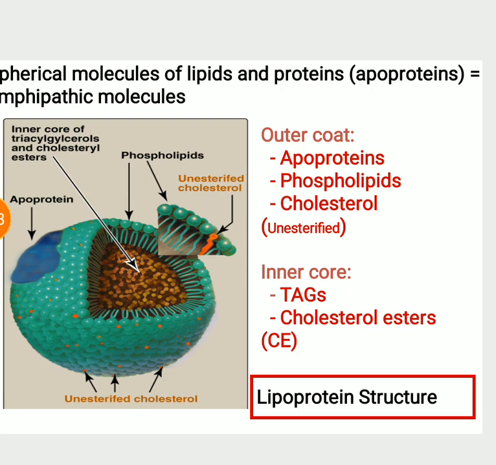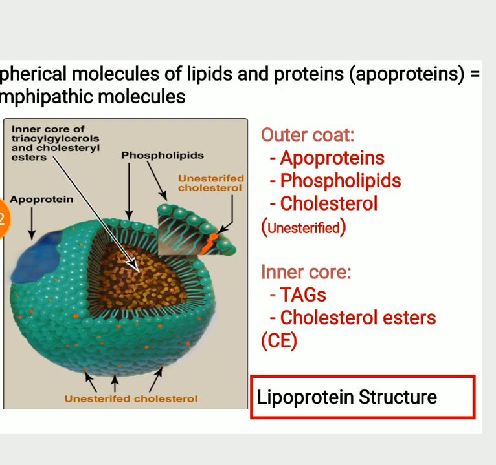When I go deeper into the lipoprotein, I'm going into the inner core, the hydrophobic core. The hydrophobic core consists of TAGs and cholesterol esters, or esterified cholesterol. If you want to go deeper into the understanding, it's as if a lipoprotein is made such that a hydrophilic substance is enclosing a hydrophobic substance inside.